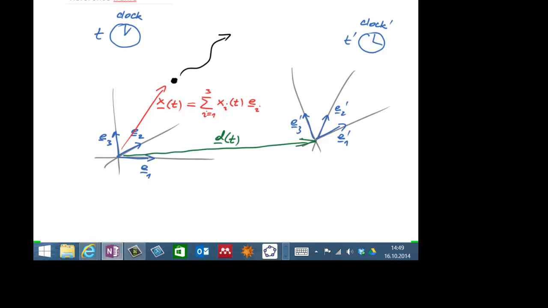And so the first one will have a reference frame that is sort of at rest on the platform, and the other colleague will measure positions with respect to the train, but the train is moving. And therefore, the origin of the second reference frame is moving with respect to the origin of the platform reference frame.